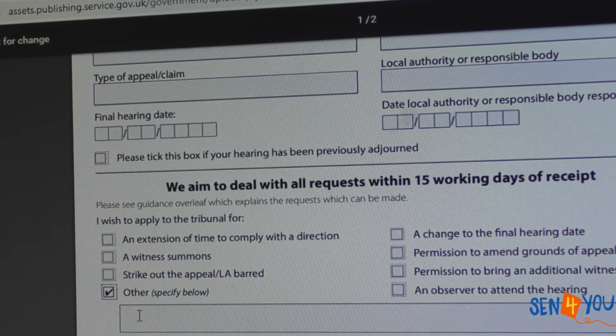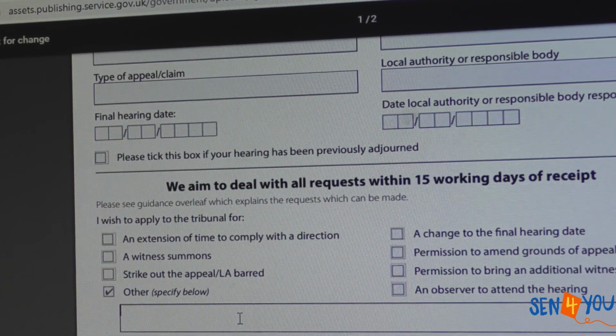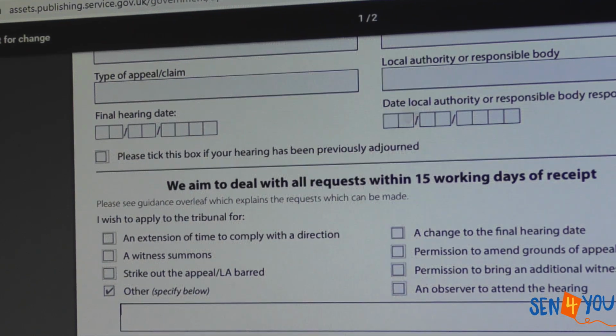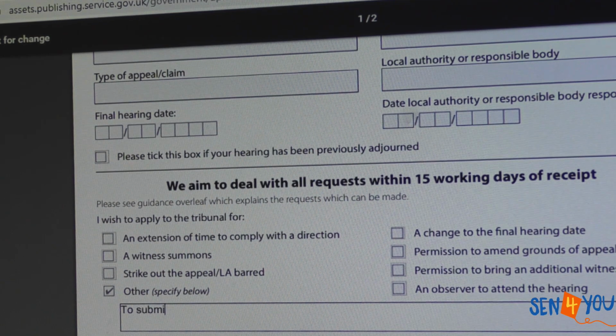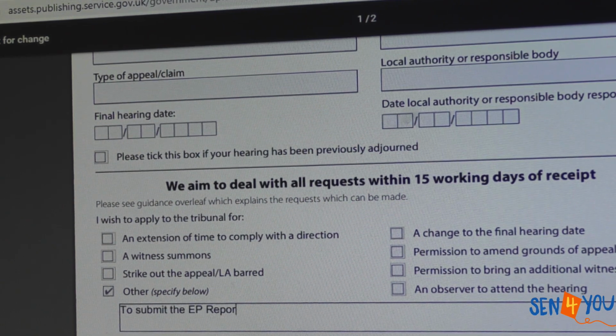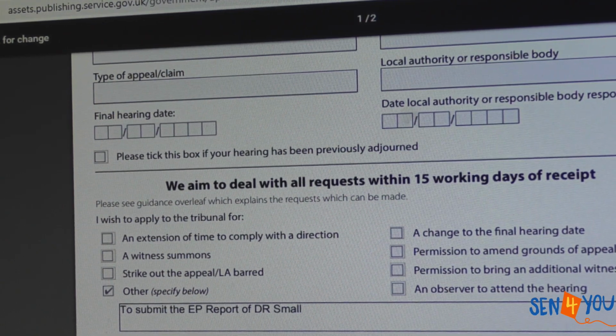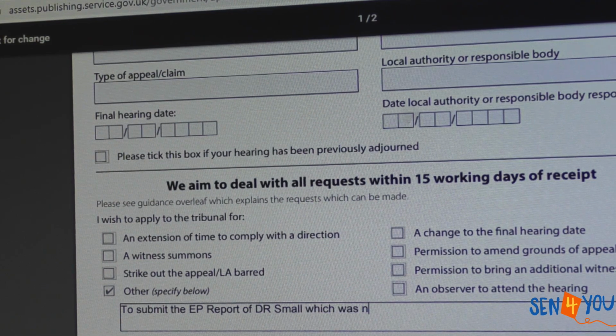So for example, if you want to provide additional evidence, you put that in other. And you would simply state here in this box, let me type something out: to submit the EP report of Dr. Small, which was not available at the further information deadline. It's as simple as that.